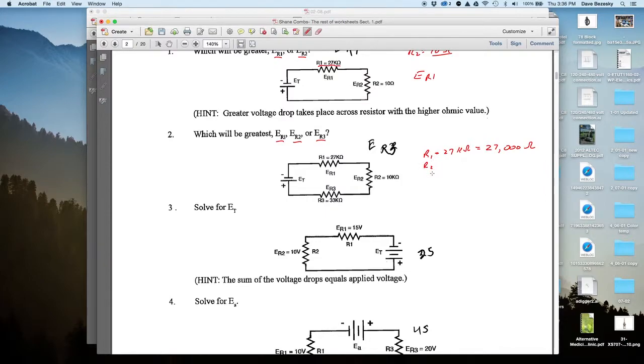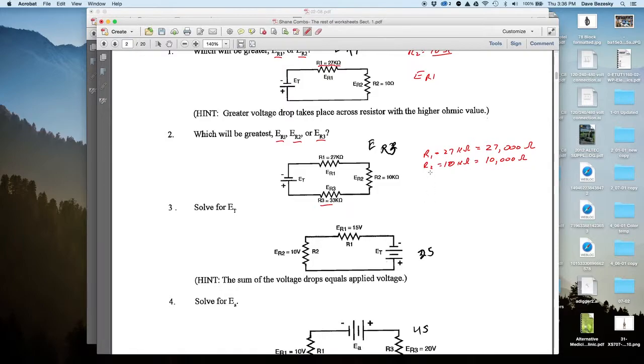R2 is equal to 10 kilohms. Converting kilohms to ohms, we move the decimal place 3 to the right. So 10 kilohms is actually equal to 10,000 ohms.